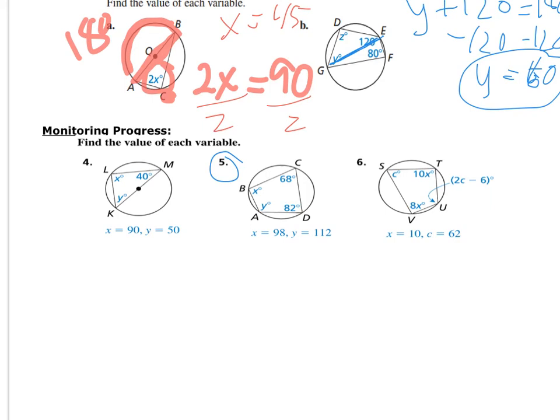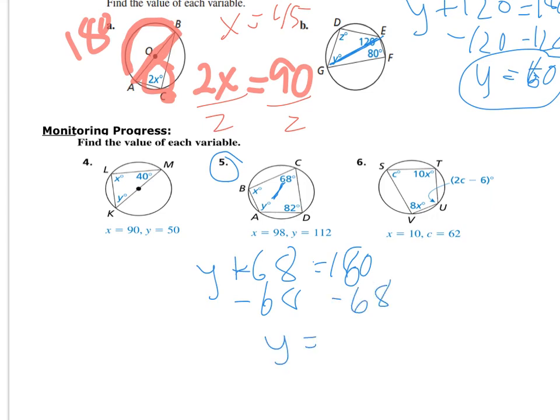It doesn't matter where I start, but I have a quadrilateral, so I need to use the rule for a quadrilateral, which says that the opposite angles, in other words, y and 68, are supplementary. So y plus 68 has to add up to 180. I subtract 68, and y equals 180 minus 68, which is 112.